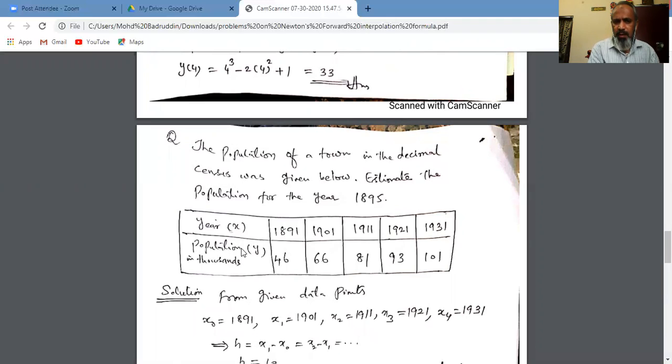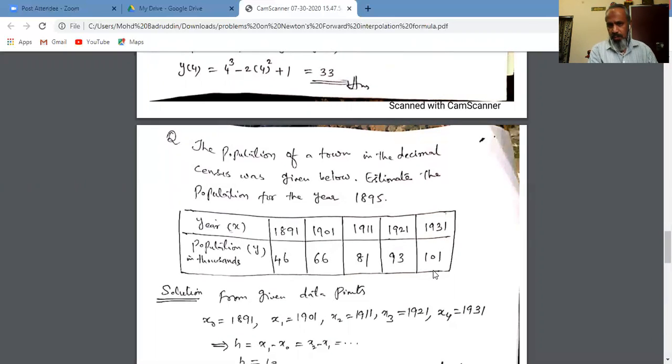X is the year and population in thousands is Y. So the X variable is year, the Y variable is population in thousands. In 1891, the population is 46,000. In 1901, it is 66,000. In 1911, it is 81,000. In 1921, it is 93,000.